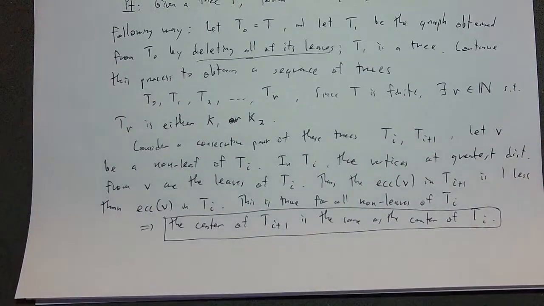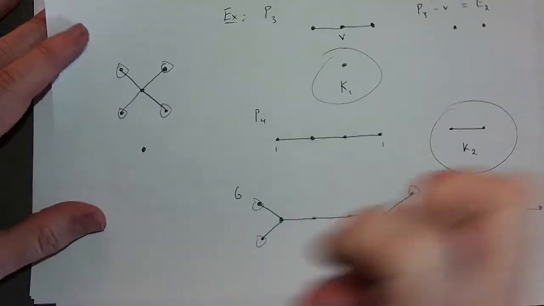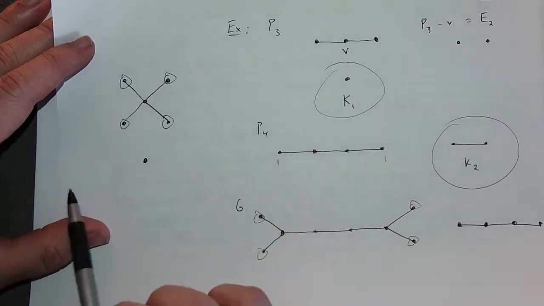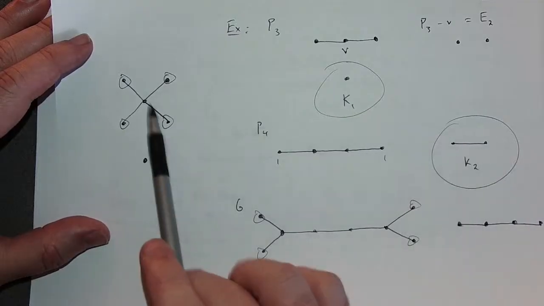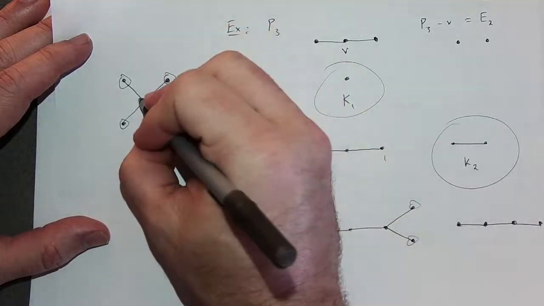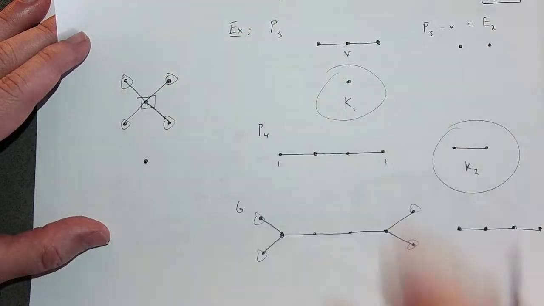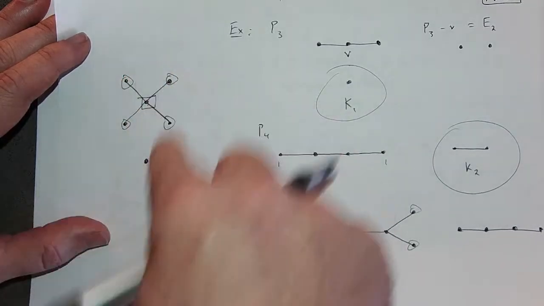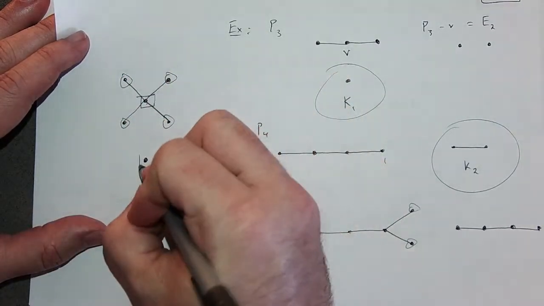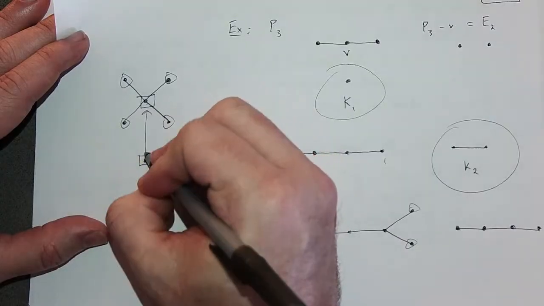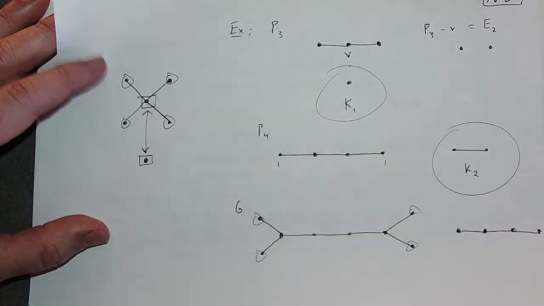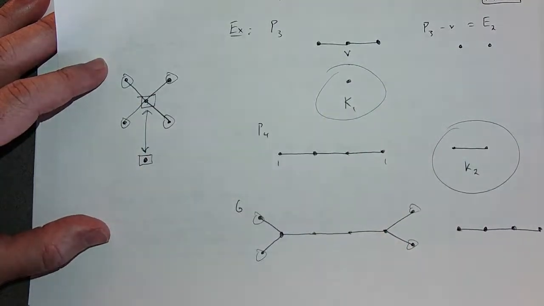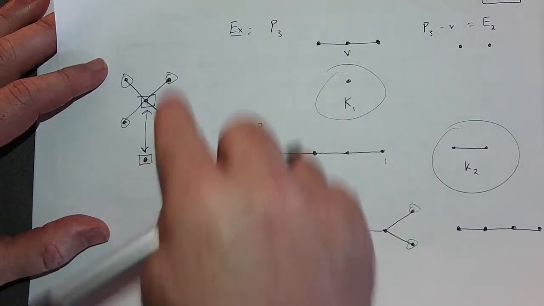In fact, if we go back to, say, this example, if I asked any of you what is the center of this graph, everyone would immediately identify that's the center. Well, in this step, all these leaves get removed, and I'm left with this, which corresponds to the same vertex here. So even going in this one brutal step, does the center change?